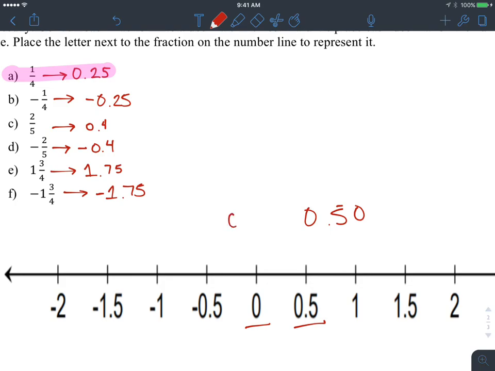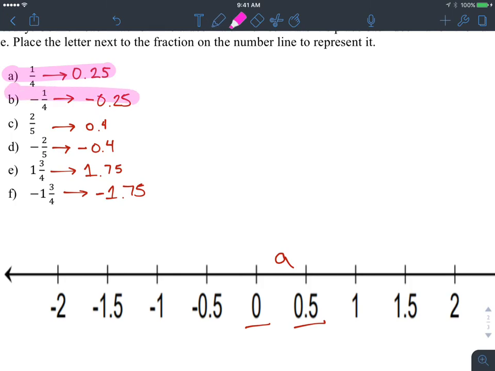And I know that 0 and 25/100ths is going to be less than 0 and 50/100ths, so A is going to be somewhere right here in between 0 and 5/10ths. And it makes sense because, if it was money, 25 cents is half of 50 cents. So it makes sense that we're going to place A somewhere there in the middle between 0 and 5/10ths.